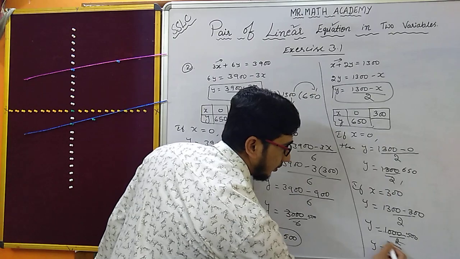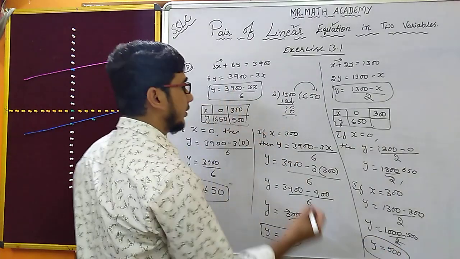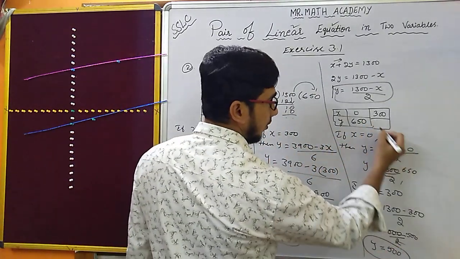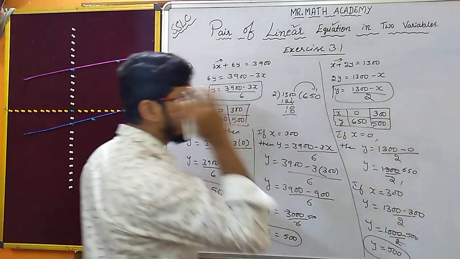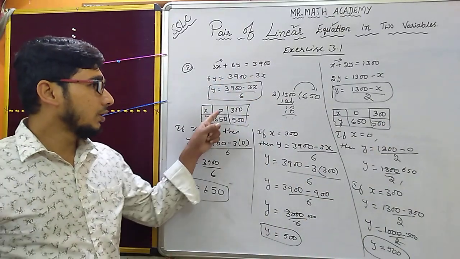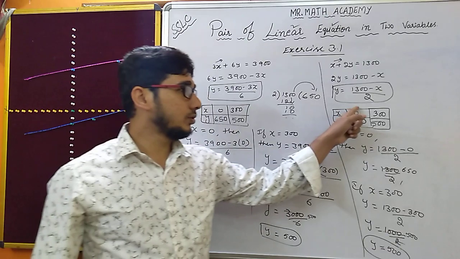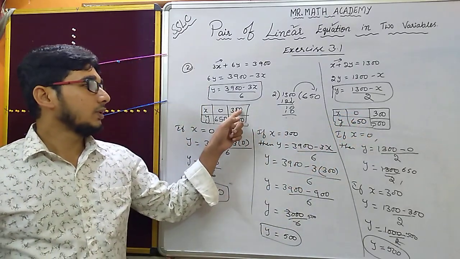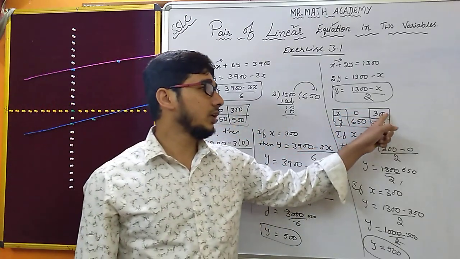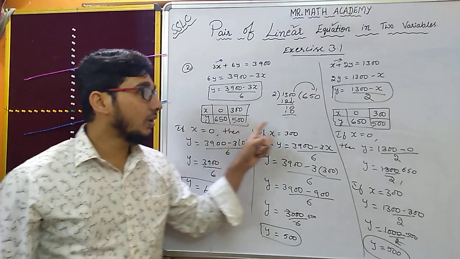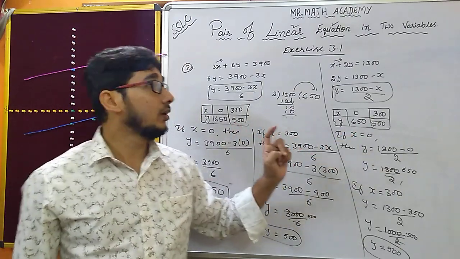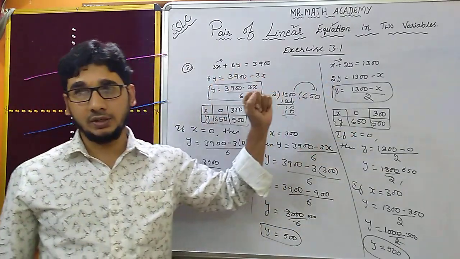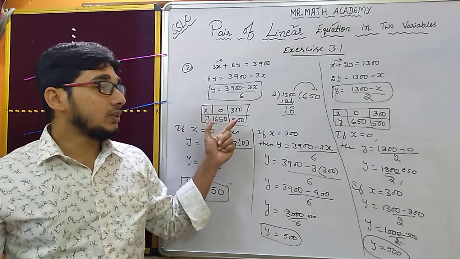So you got 500 here. Just look carefully here. (0, 650), (0, 650), (300, 500), (300, 500). Both the values are the same. But both the equations are different. That is the reason.